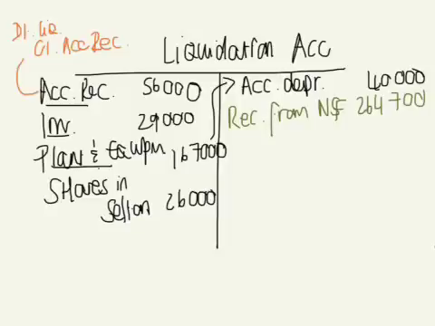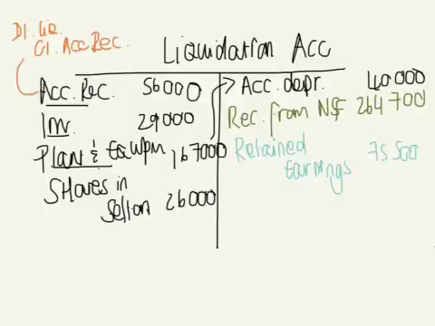Okay, the following accounts that need to be closed off is the reserve accounts, and any reserve accounts are transferred to the credit side of the liquidation account. Of course, only if they've had a credit balance before the transfer. So 75,500.